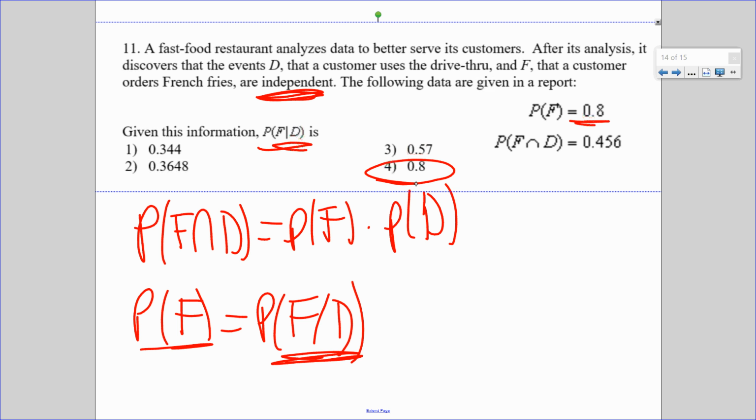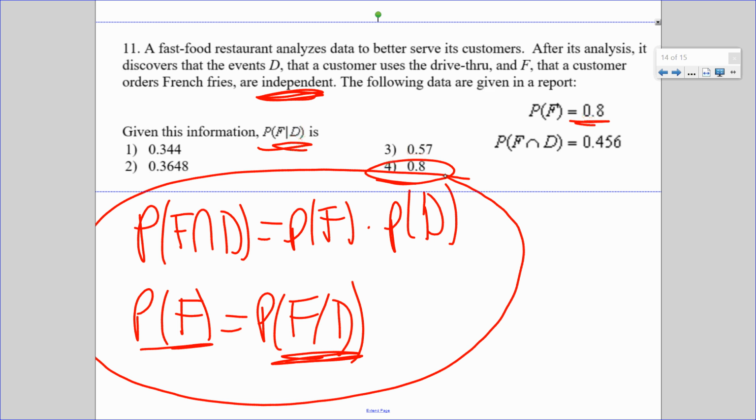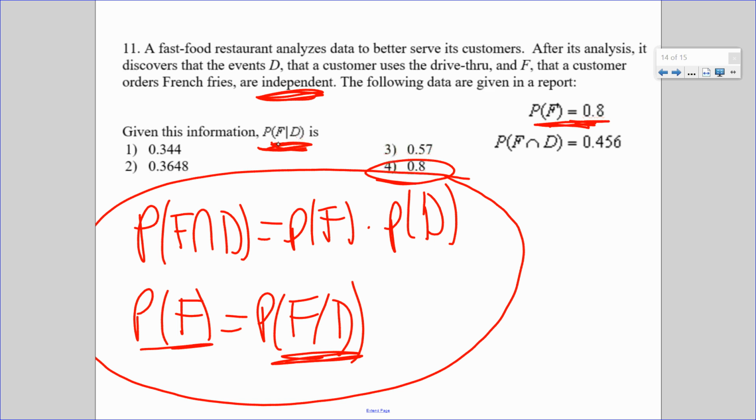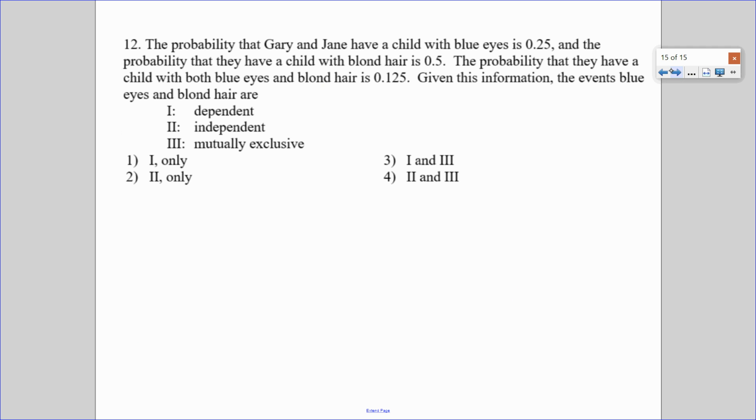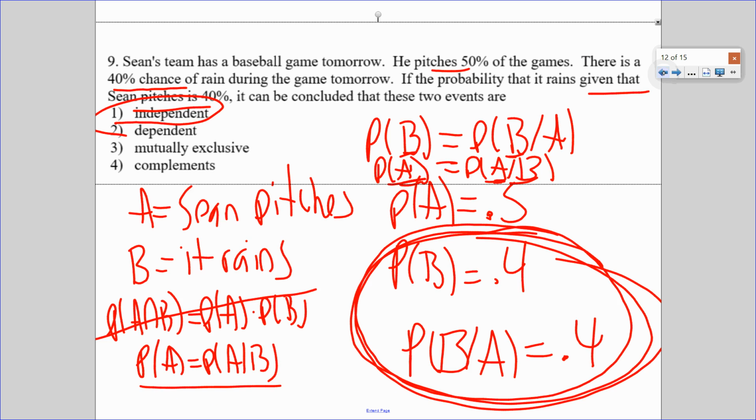So that's a conceptual question. There's really not much to do. It's just to understand that if they're independent, these two things hold true. So P of F and P of F given D have to be the same. And remember, this letter and the first letter must match in order for that to hold true. That's basically it. All right, the most important stuff is the beginning.